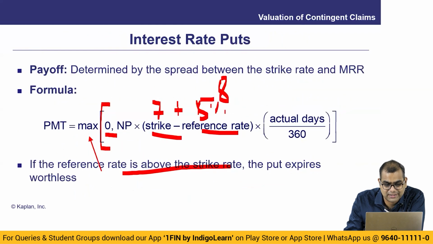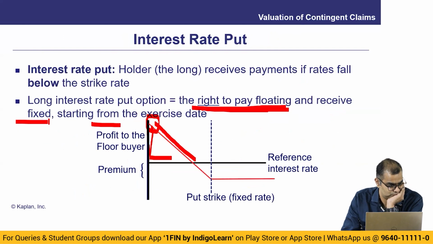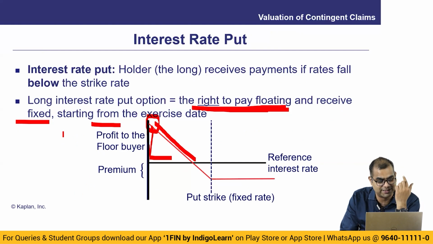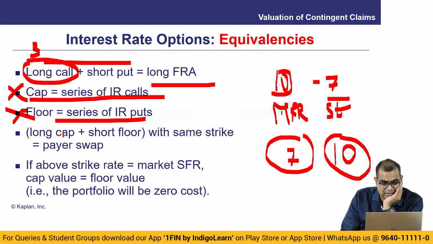For a put it is pay floating, receive fixed. This is why I was telling you, you have to be very careful, you have to write it down parallelly. No matter how much I explain, you have to physically get it into your head. So I've shorted a put.